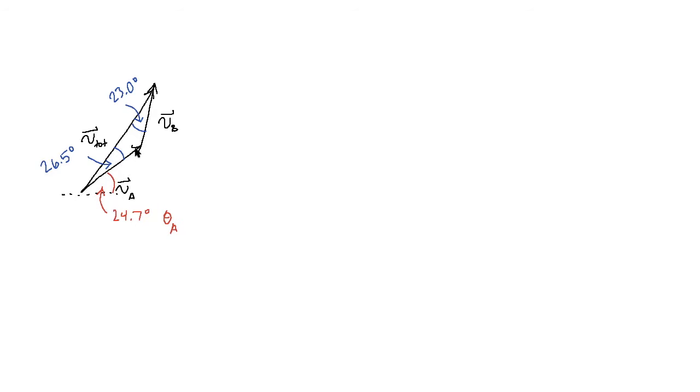And the angles in a triangle always have to add up to 180. So that means that this angle over here, I'll just, oh, whoops, what did I do? I kind of screwed that up a little bit.